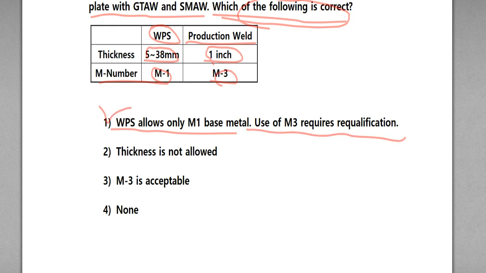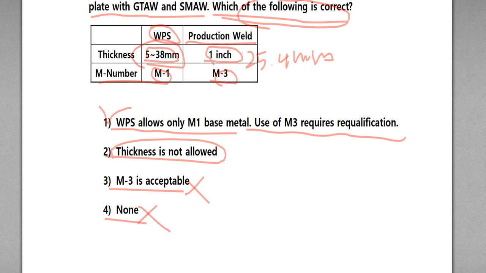This is the answer. Thickness is in the range because 25.4 millimeter is within the range of 5 to 38. Is M3 acceptable? No. None of the above is not the answer. So the answer is number 1. This kind of simple question appears in the CWI Part B exam.